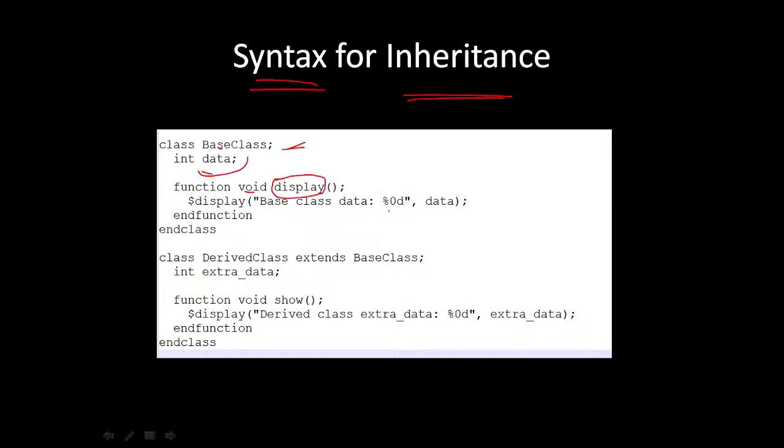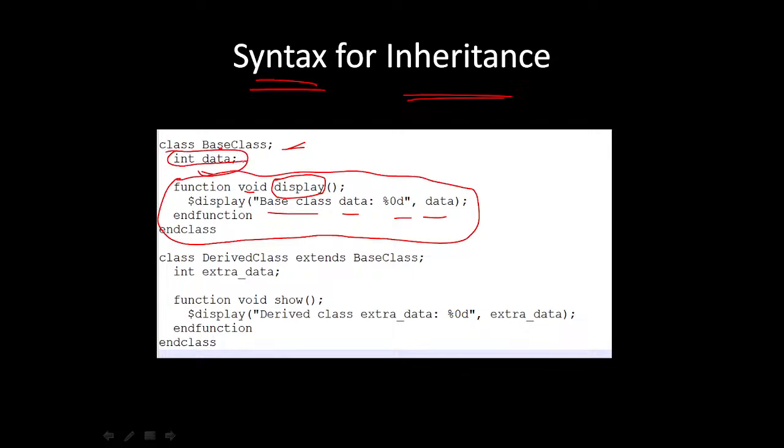So we are displaying something in the base class, and we end the function. We have a method and a property declared inside this base class.